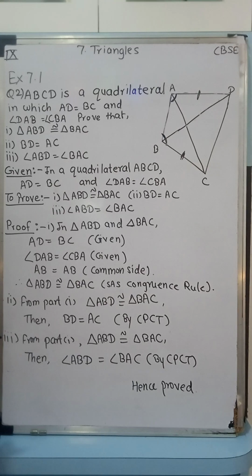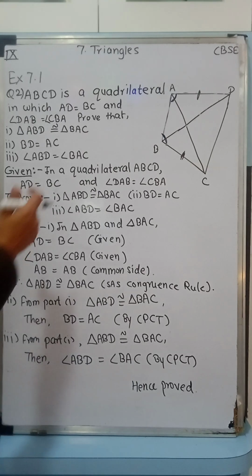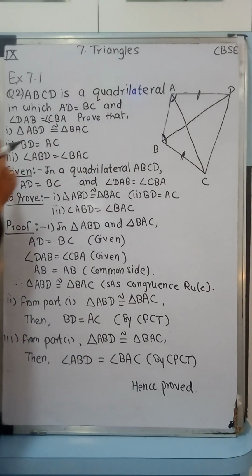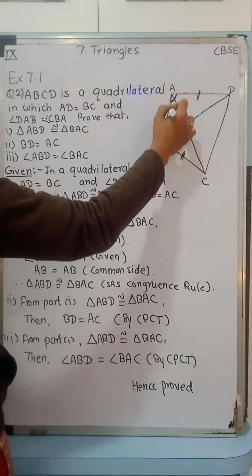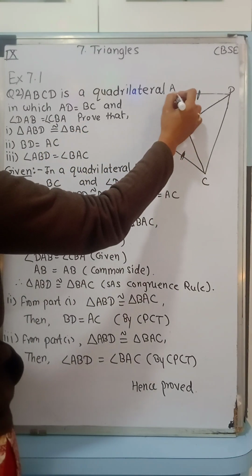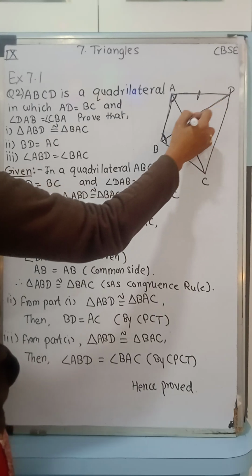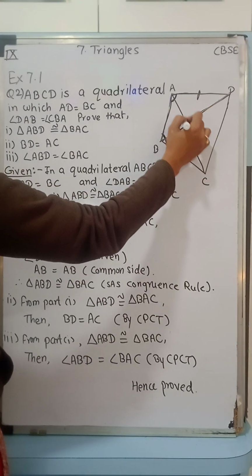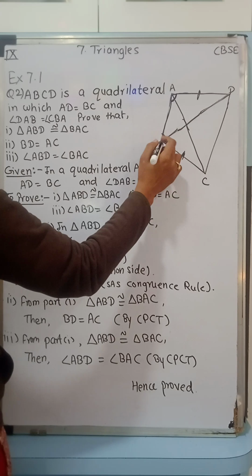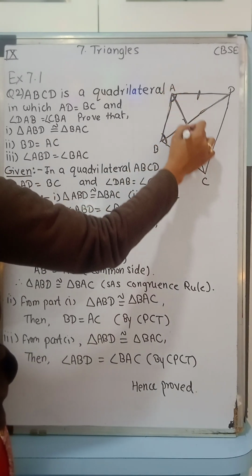These two angles are equal. We need to prove that angle ABD and angle BAC are equal. This is the angle ABD, and angle BAC is this other angle.